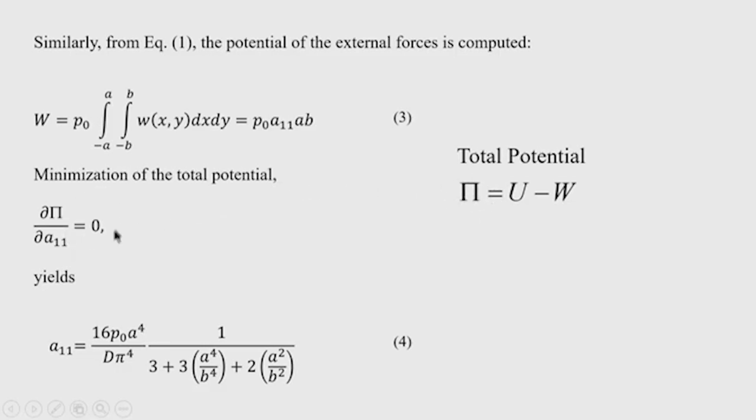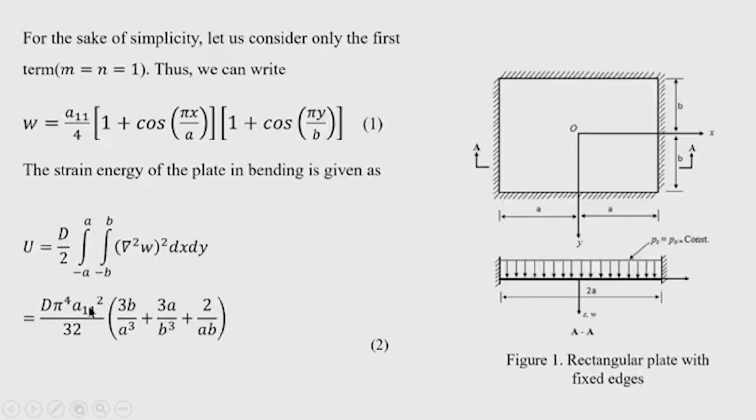Now, after taking the first derivative of the total potential, from the previous expression we get 2 A11. So, the quadratic term is reduced to a linear term.